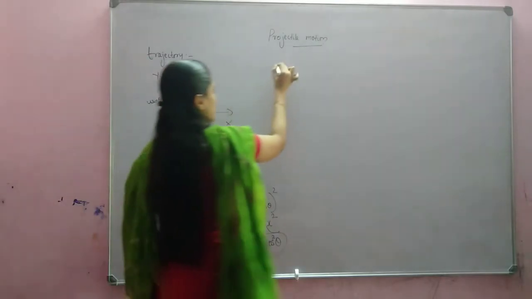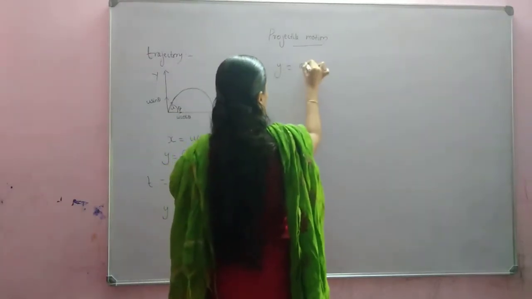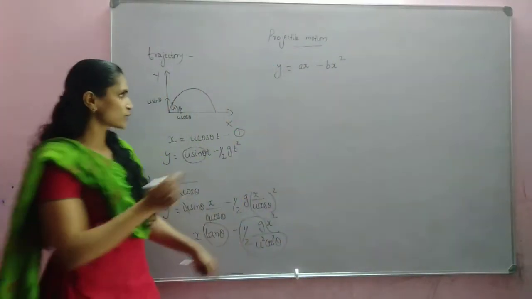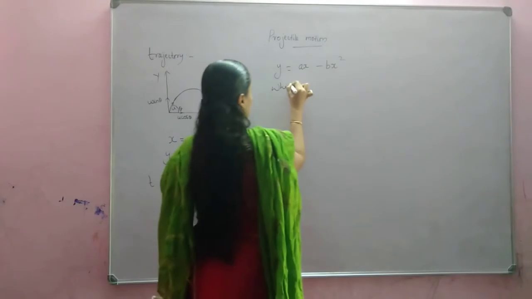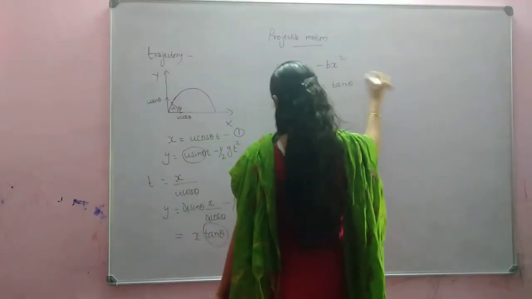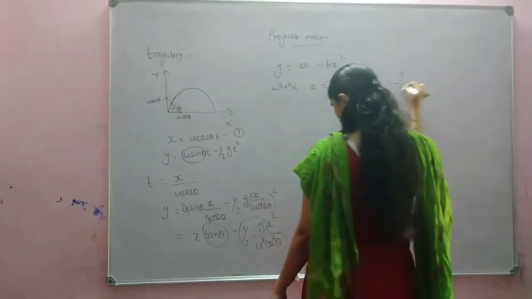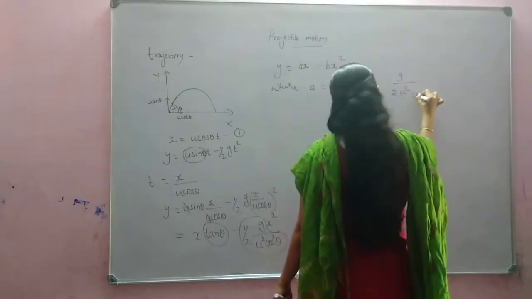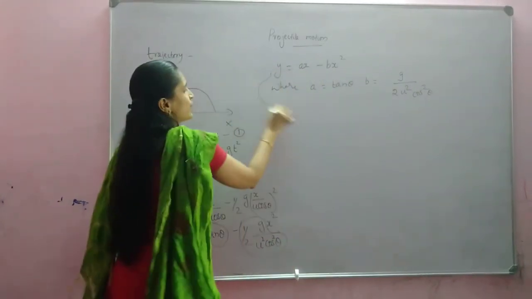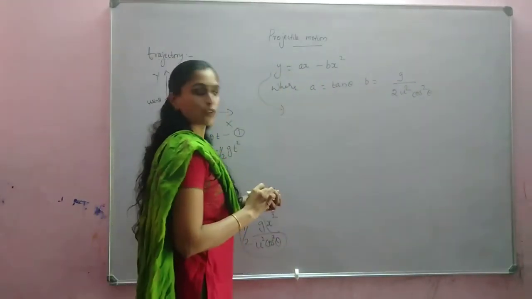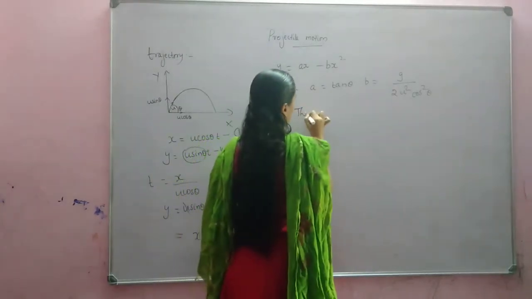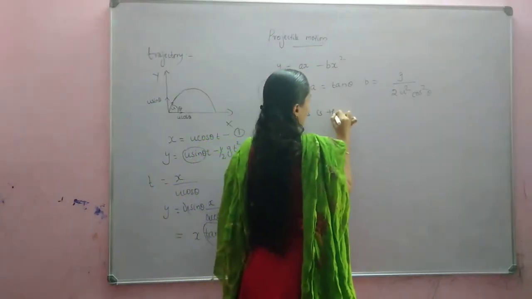We can write this equation as y equals ax minus bx square, where a is equal to tan theta, and b is equal to g by 2 u square cos square theta. This is the equation of a parabola that you will study in maths.